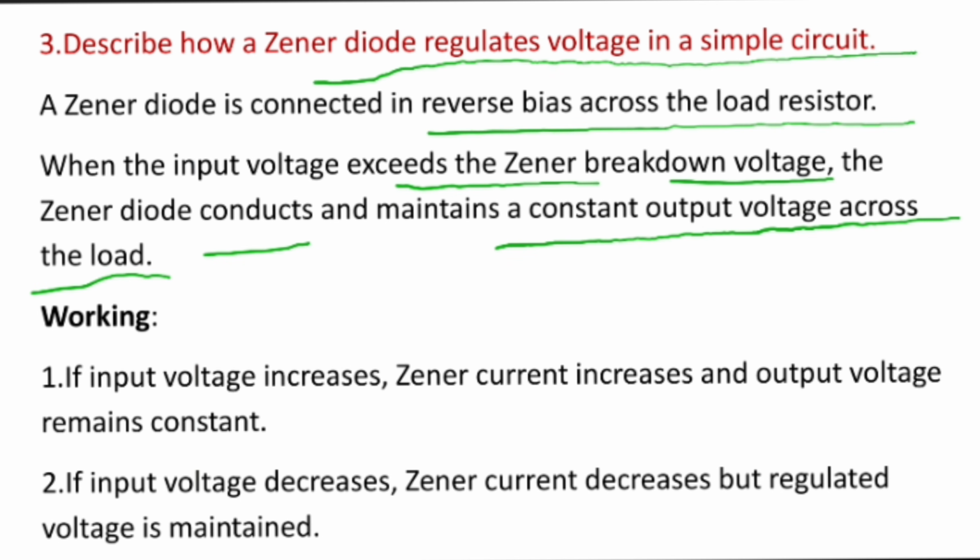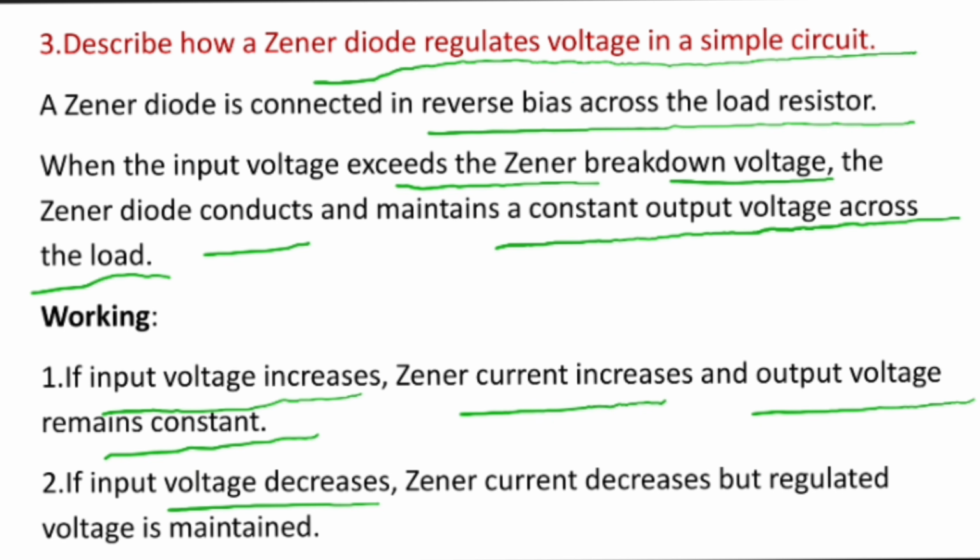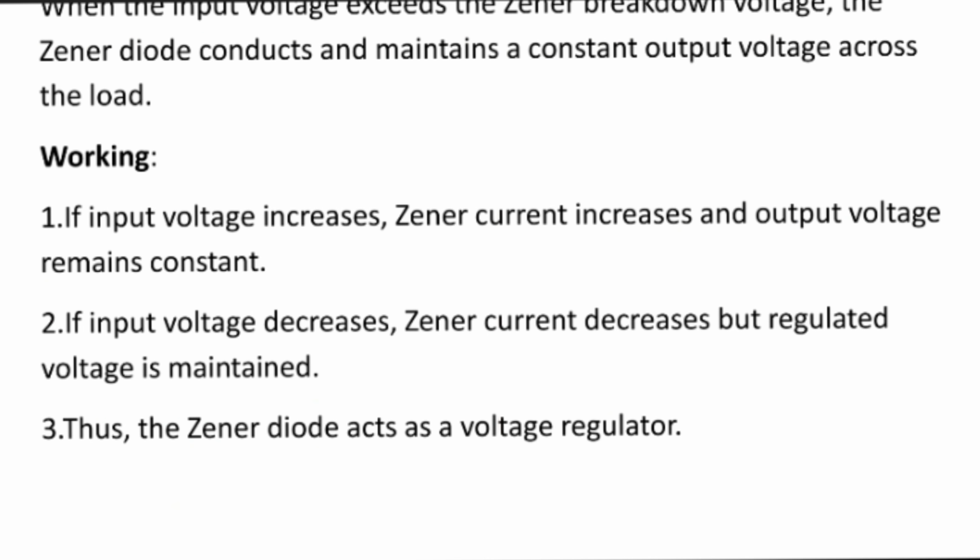In working, when the input voltage increases, the Zener current also increases and the output voltage remains constant. When the input voltage decreases, the Zener current decreases but the voltage regulation is maintained. Thus, the Zener diode acts as a voltage regulator.